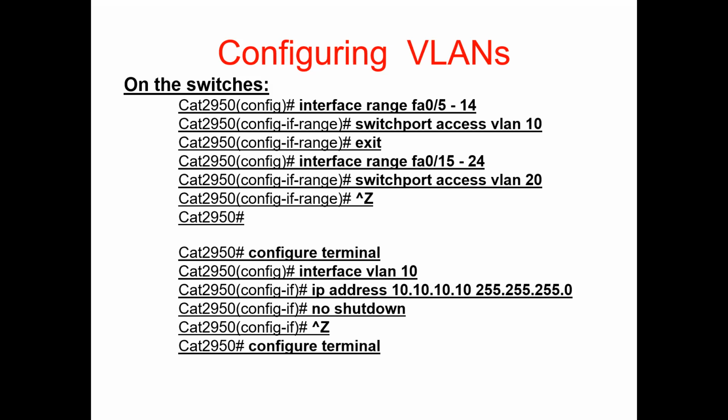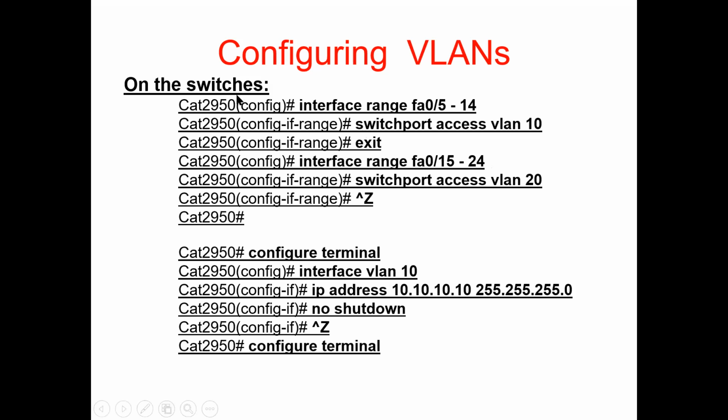So, for instance, let's say we designate port number 5 up to 14 as belonging to one VLAN, and say port 15 up to 24 as belonging to the other VLAN on the same switch. So how do we then make it understand that it's actually supporting two separate VLANs?